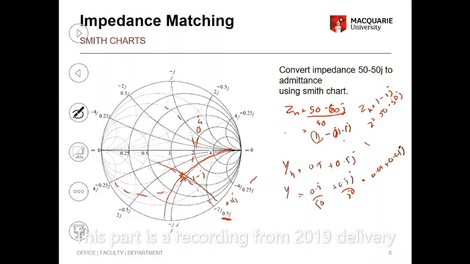So you have to interpolate. Now with tools, AWR or other tools, you can actually pinpoint any point and right click and read off the value. Or when you move your mouse, it might read off the value, right? Okay, so that's how you convert impedance to admittance in the Smith chart.